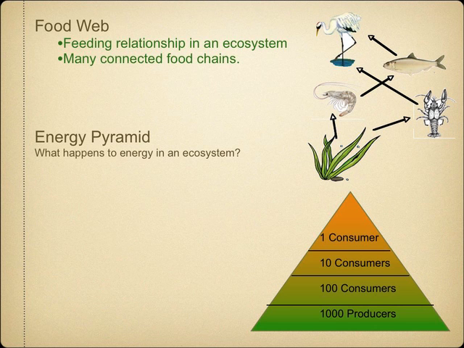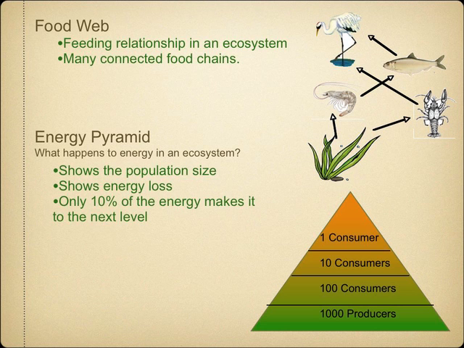And so then when a wolf eats the deer, the same thing is true. Most of the energy that the wolf consumed from the deer gets used up. Only about 10% can make it into the wolf's body tissue. And every step up the food chain you go, you're losing energy. About 90% of the energy is lost. Only 10% can make it to the next level. And so eventually you run out of energy.